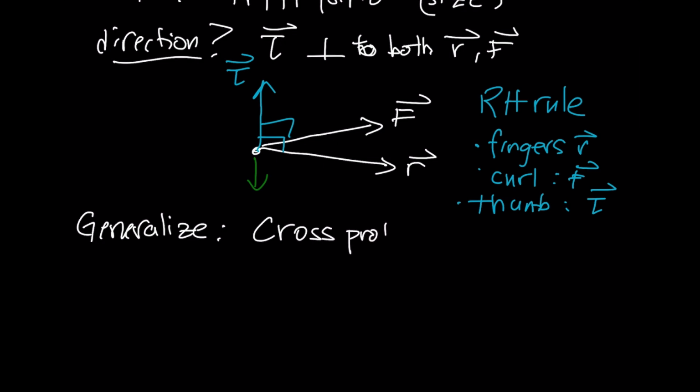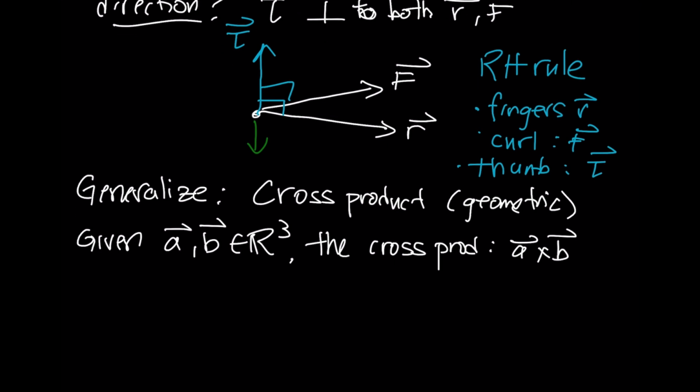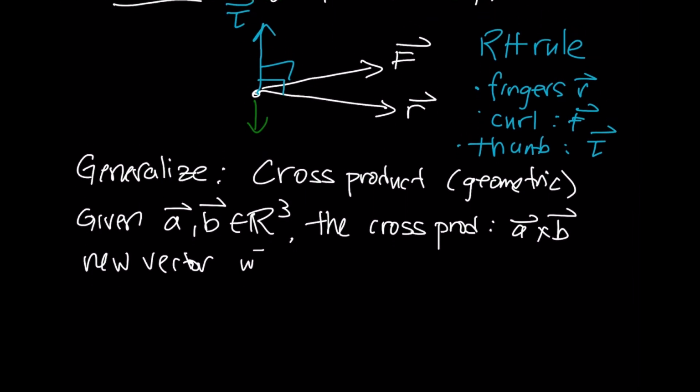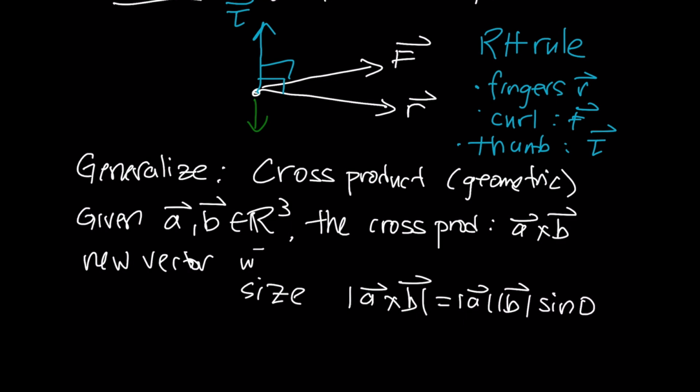And I'm going to call this the geometric definition of the cross product. Given two vectors, A and B, that live in R3, we're going to define the cross product of those two vectors as this new vector A×B, and that X is going to represent the cross product. This is a new vector that has a size: magnitude of one vector, magnitude of the other vector, and the sine of the angle between them.